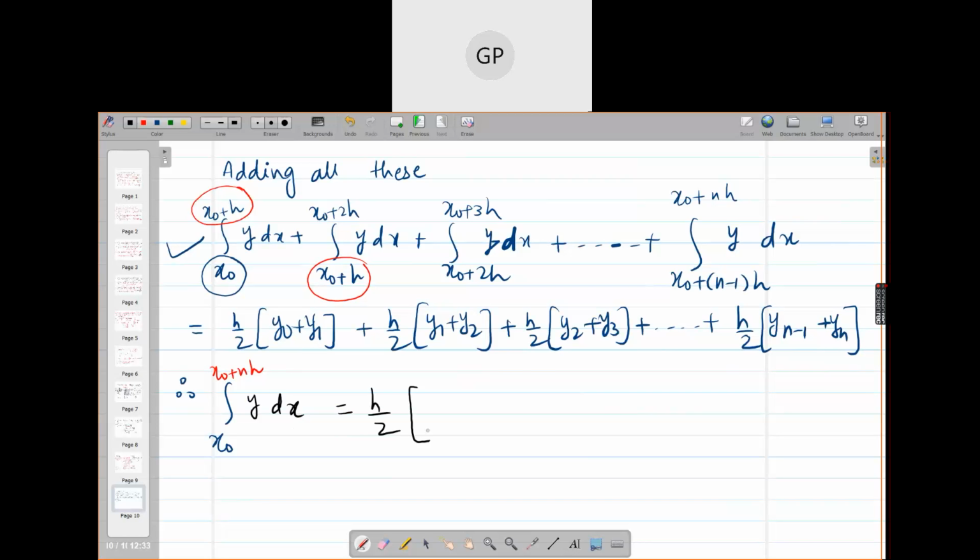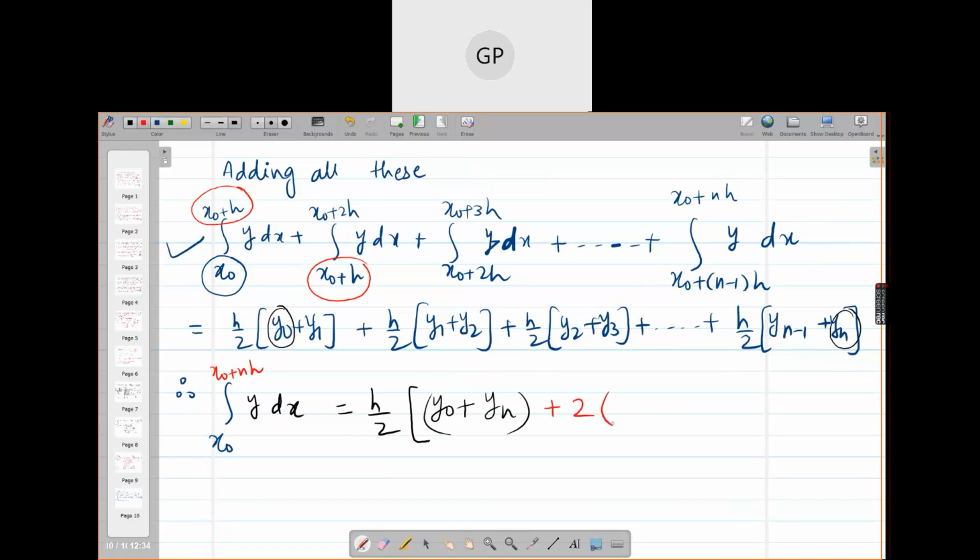Ordinates means y coordinates. Which ordinates are appearing only once and which are appearing twice? y naught and yn are appearing only once. The first and the last is appearing only once.